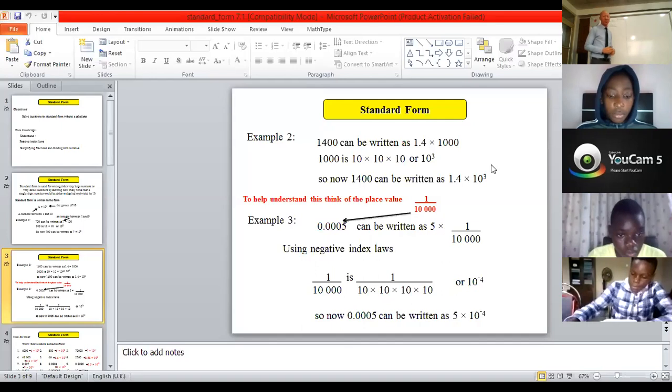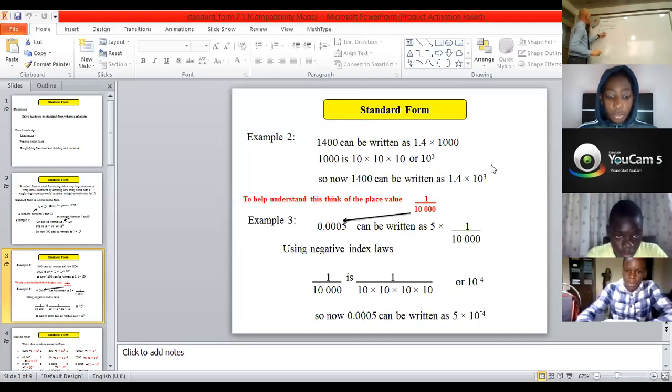There are things I want you to write down. From the board, when you have a times 10 raised to power n, a is a number, these are powers of 10, and n represents the power.